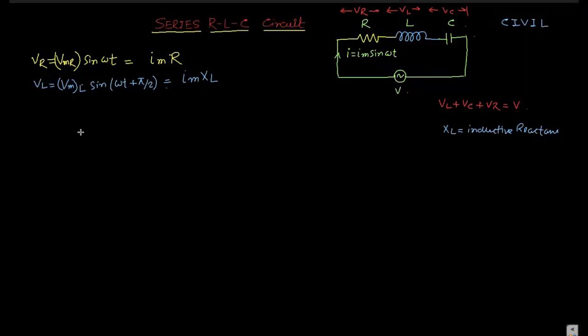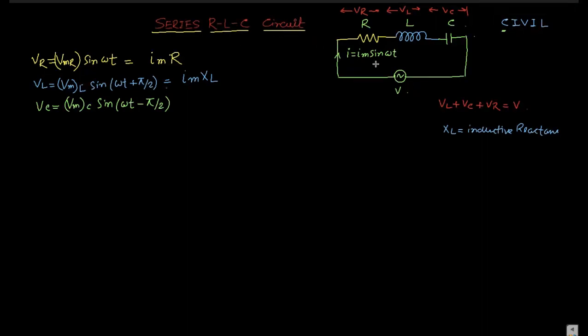Then in the same way you can express VC equal to VmC sin omega t minus pi by 2. That is, in the case of C, current is leading by 90 degrees from V, or in another way, V is lagging current by 90 degrees.